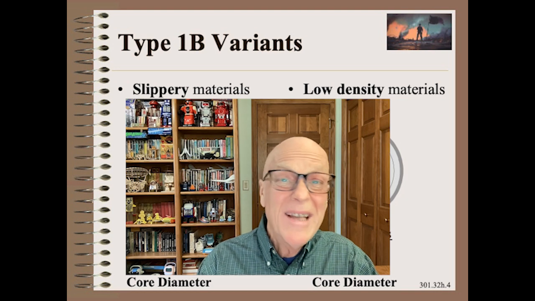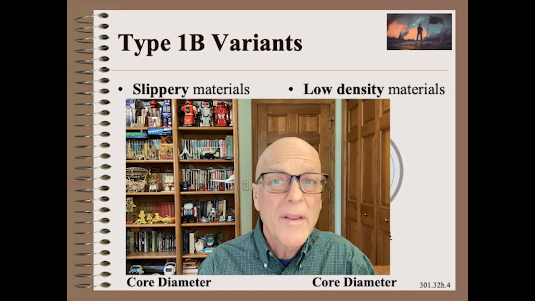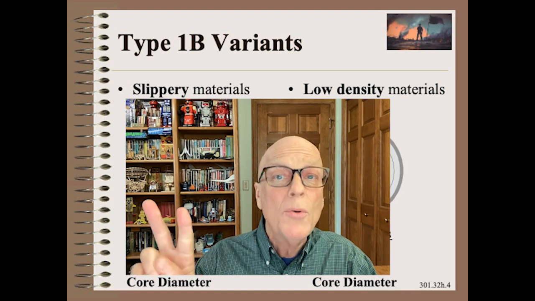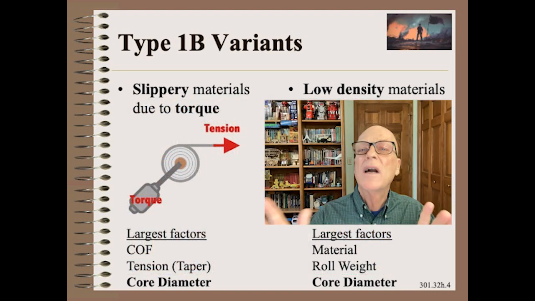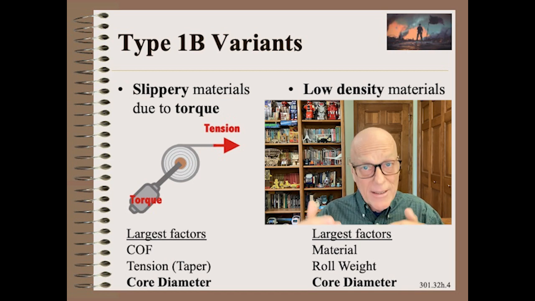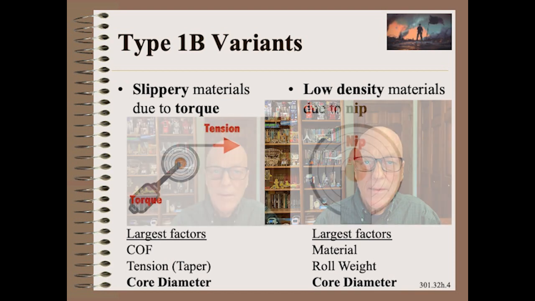A last bit of tech detail that you should know is that even the Type 1B telescope has two variants. The most common by far is on slippery materials. The factors for that variant are COF, tension, and core diameter.